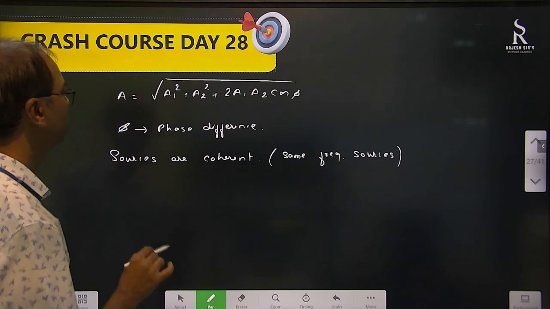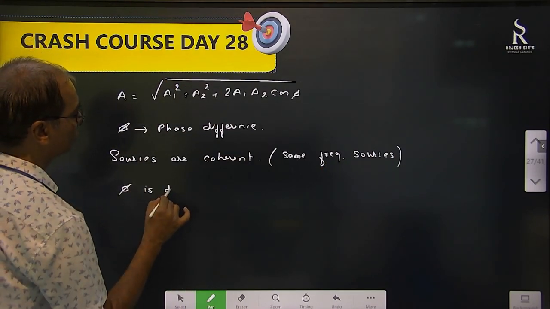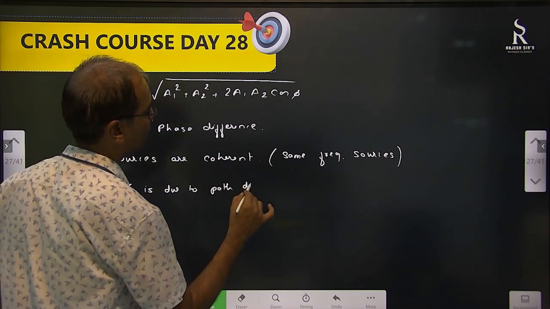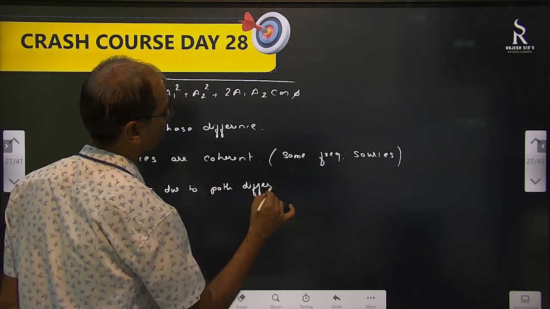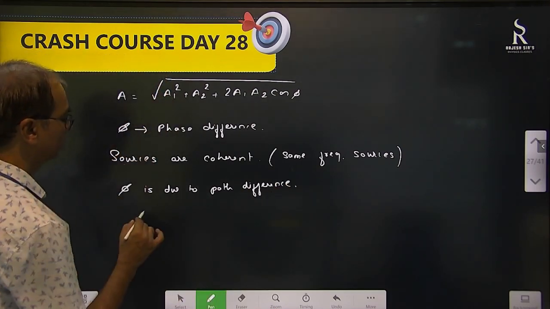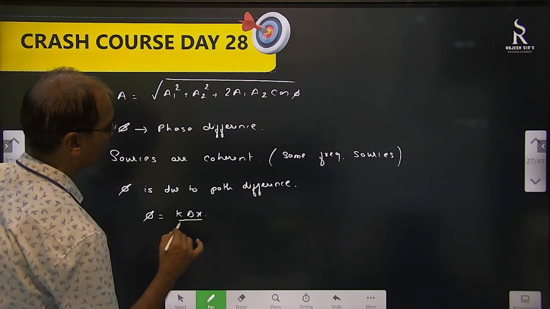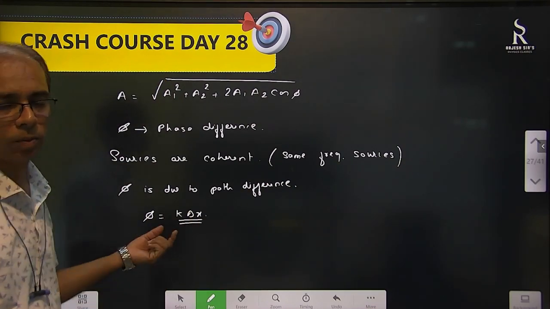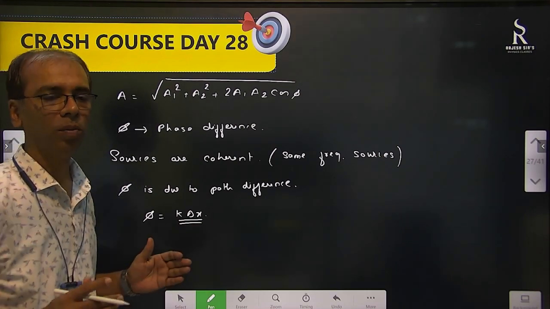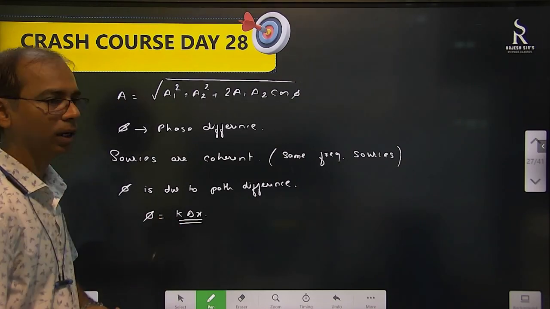Phase difference is only due to path difference. That means how much is difference in the path traveled by two waves. So this phi is actually calculated as k delta x, where k is propagation constant and delta x is path difference. So phi equal to k delta x.